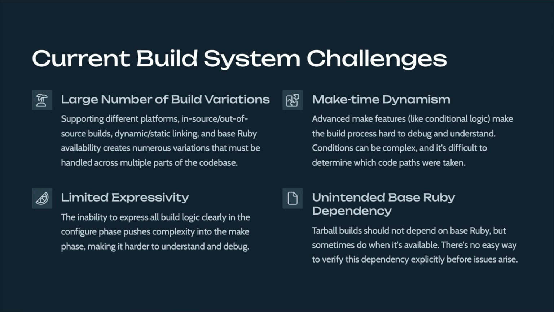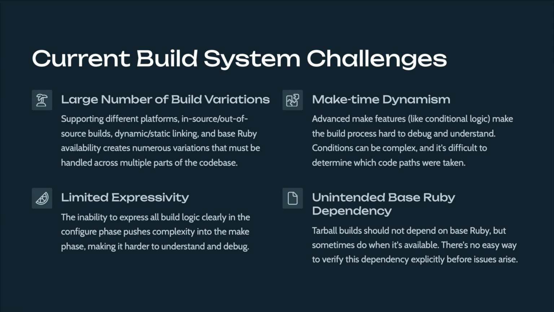And that ties directly into the second challenge, which the source calls make-time dynamism. Make-time dynamism. Yeah. The build system uses some really powerful features within make itself, but these can be very hard to understand and debug just by reading the code. Like what? For example, they use patterns where make targets are named things like target-yes or target-no, and the actual target that gets run depends on variables set much earlier, maybe in the configure script.